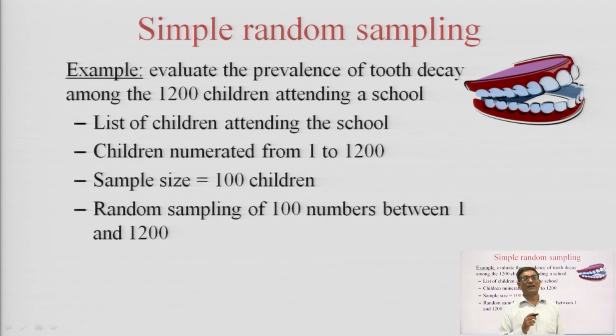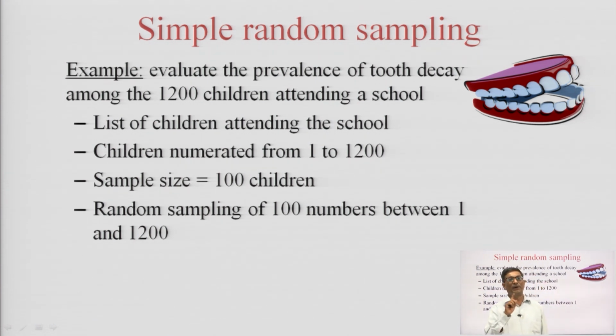Now, we want to select 100 children from the school, and the school has 1200 children. The random sampling of 100 numbers between 1 and 1200.